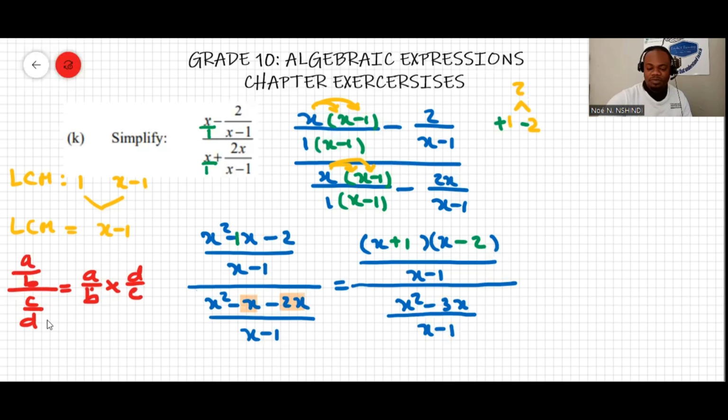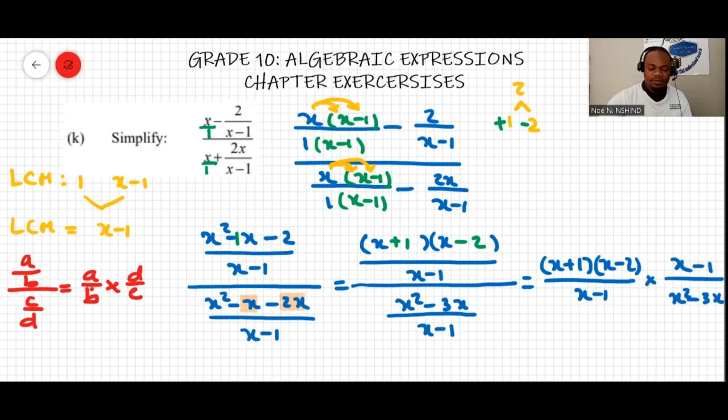So now this fraction will be equal to, I write here x plus 1, x minus 2 over x minus 1 multiplied by x squared minus 3x and x minus 1.